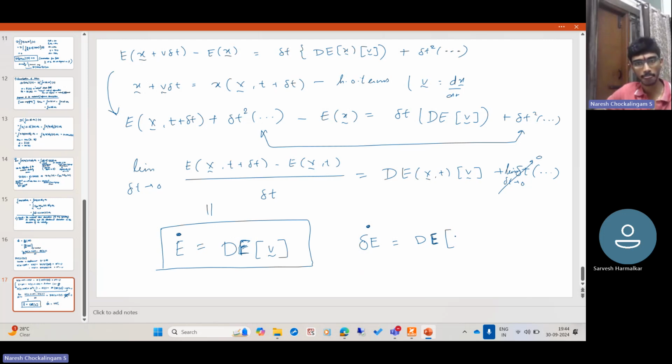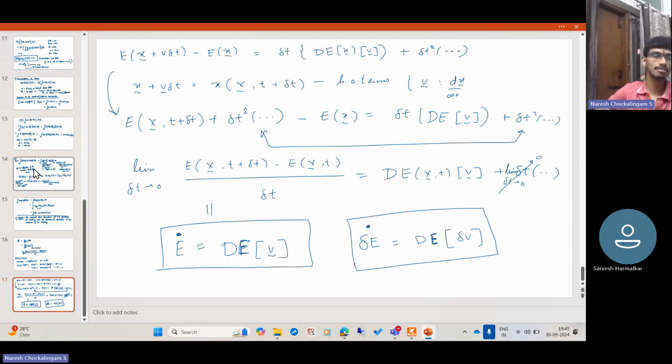So that is what is arising from del V, right? So we have to be careful. So the virtual Green-Lagrange strain rate is the directional derivative of the Green-Lagrange strain in the direction of the virtual velocity field. So this is a result.